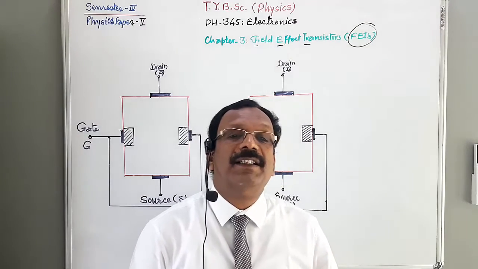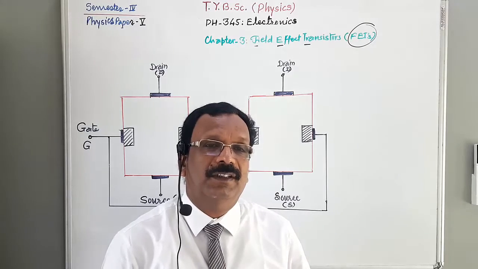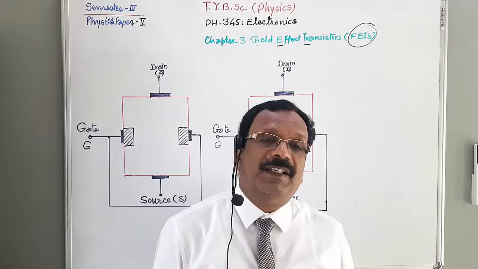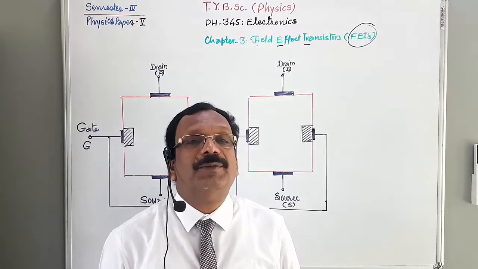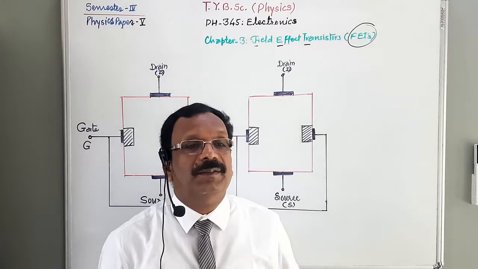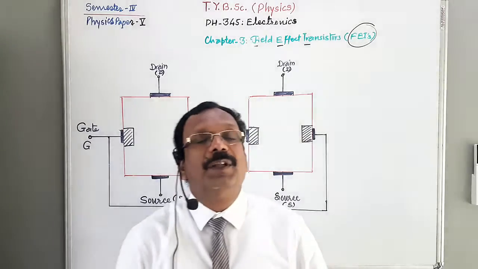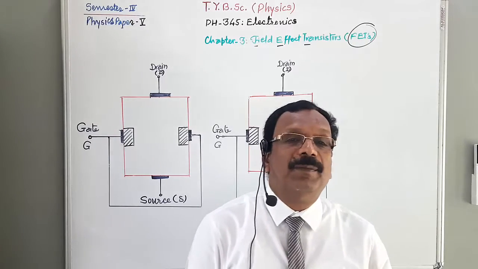The BJT has two types of disadvantages. We studied only advantages in 12th science and at SY BSc level, but actually the BJT has two disadvantages. Firstly, it has low input impedance because of the forward biased emitter base junction.